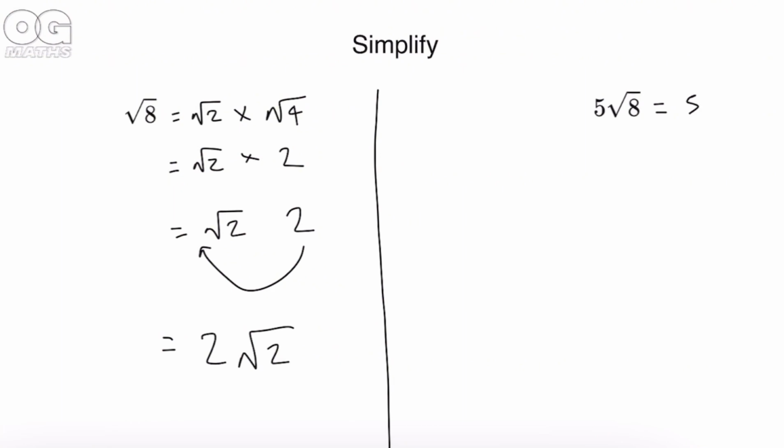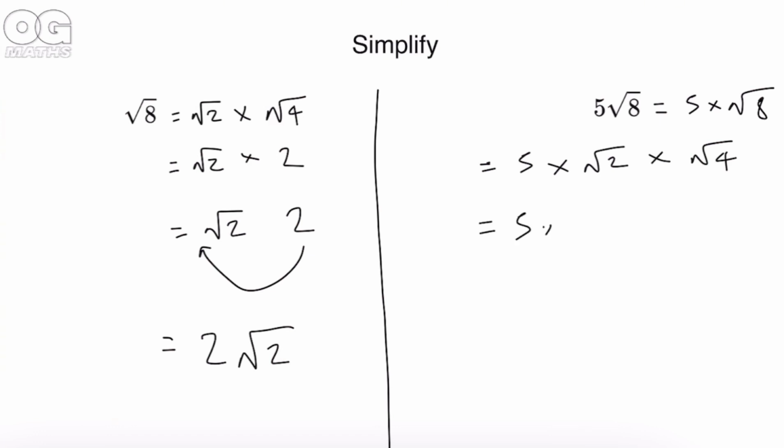Let's move over to the next one. We've got 5 root 8. We're going to write this as 5 times root 8 because that's what's happening, and then we're going to simplify the root 8. So we're going to bring down the 5. We're going to have 5 times root 2 times root 4. And remember, root 4 is 2. So let's simplify again.